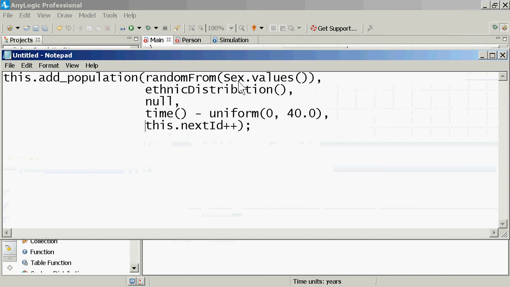She was asking, Tiffany was asking how you could capture similar information for aging for immigrants and unique IDs for immigrants. And I just said this is how I do it. So when they come in, they have a birth time that's the current time minus some current age that they're at, and I'm assuming they're younger here.